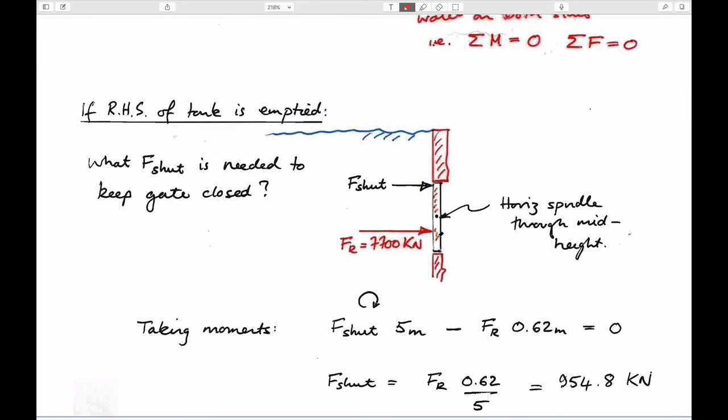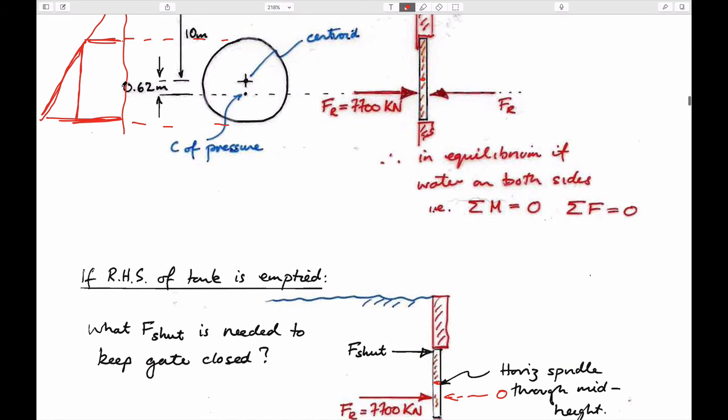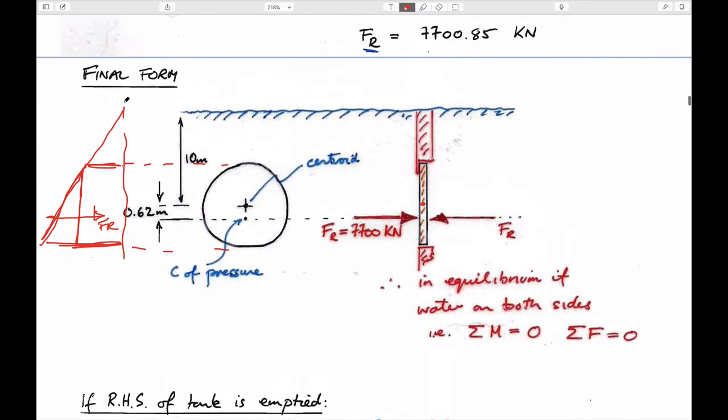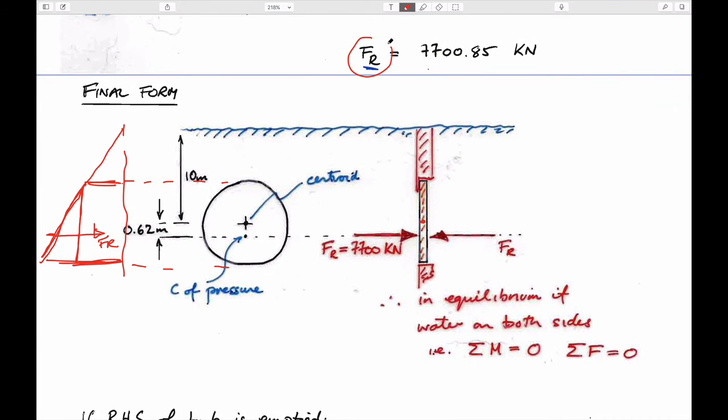then all of a sudden there is a net force acting. Now the force acting here is zero. This is the pivot point, and this is the force that's acting due to this distribution. So in other words, the resultant acts here, which is Fr. We know its magnitude.